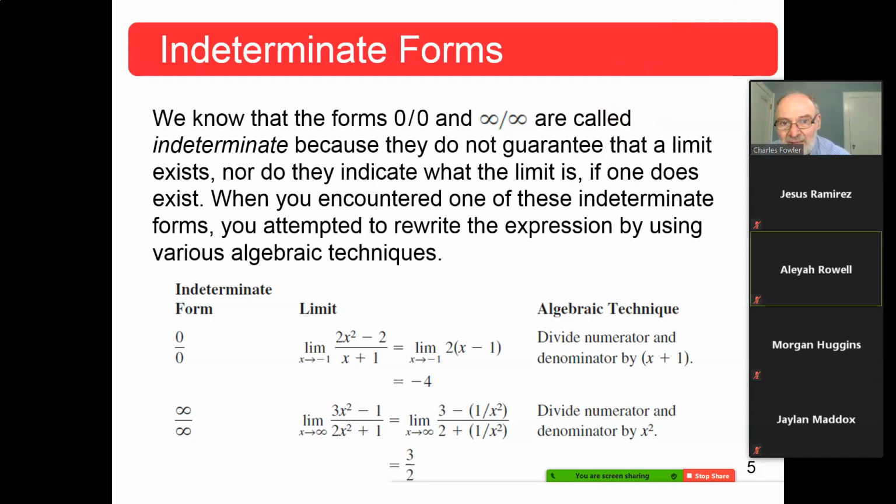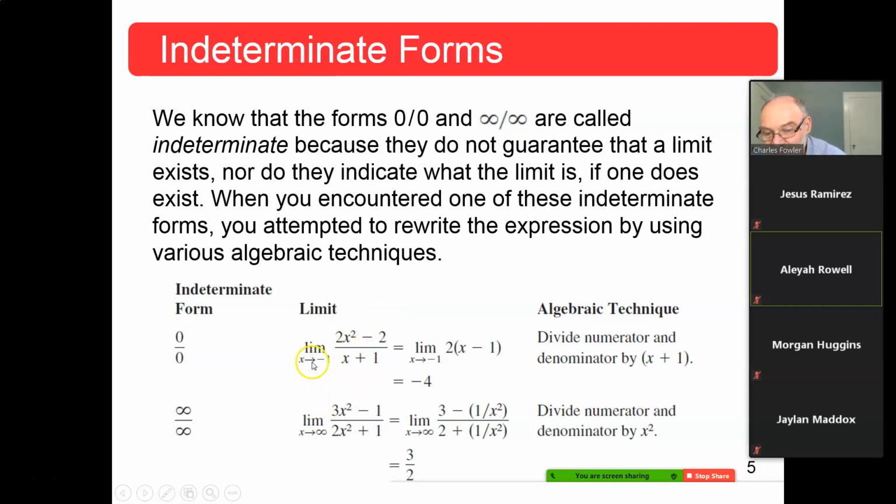So when you hit some of these forms and you don't know what it is, even if a limit exists, when you encountered one of those indeterminate forms, you attempted to rewrite the expression using various algebraic techniques. For instance, if you could factor out that source of the zero in the denominator, then that limit may exist, right? So this was an indeterminate form. But this you could factor as 2 times x squared minus 1. Well, x squared minus 1 is x plus 1 times x minus 1. The x plus 1's go out.